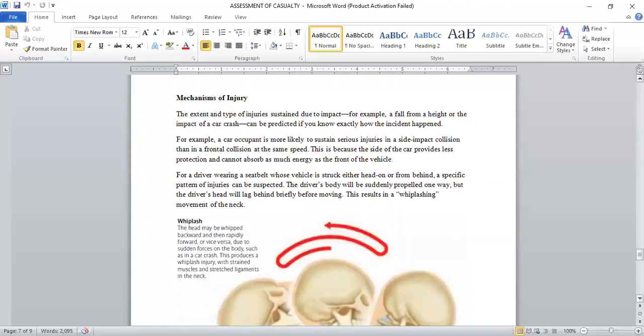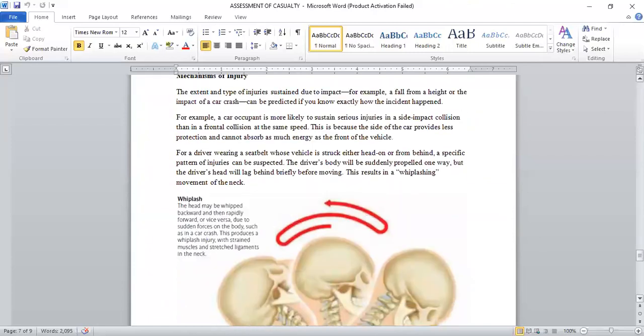The other thing that needs to be considered is the mechanism of the injuries. Why is this important? Because the mechanism of injury is very key to understand. For example, if a person is in a car accident, you don't need to move the casualty. In first aid, we always talk of the recovery position, but there are situations where you cannot put a person in the recovery position because you may worsen their condition, especially if the person's spinal cord is affected.